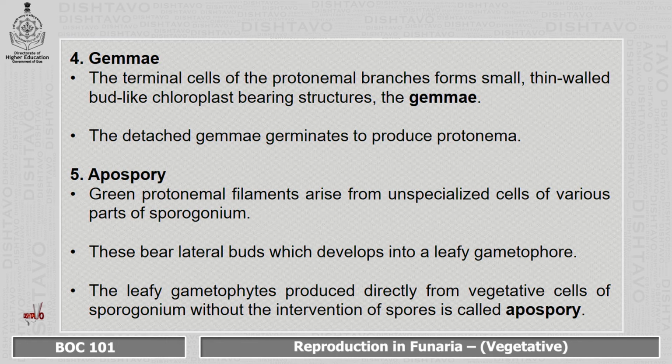The fifth vegetative method is by apospory. Apospory is the formation of green protonemal filaments which arise from the unspecialized cells of various parts of the sporogonium. These green cells have chloroplasts. These green protonemal filaments bear lateral buds which develop into a leafy gametophore.